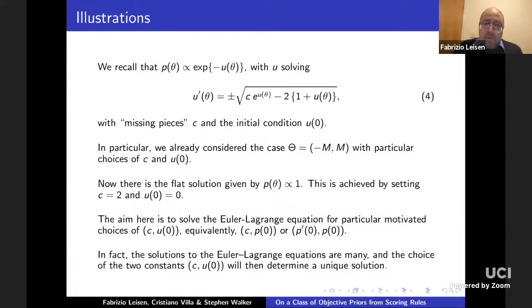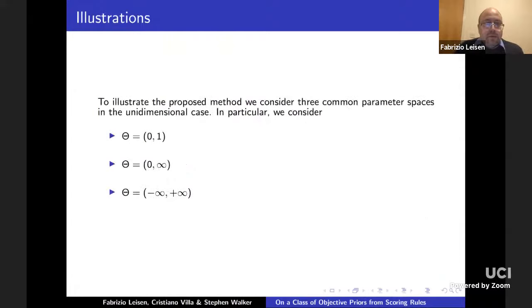And in particular, we see how to set c and u0 in order to get such priors. The cases that we will consider are the space 0, 1, the space 0 plus infinity, and the last one I will not tell more, simply because you can get priors for minus infinity plus infinity by symmetrizing the priors obtained for the previous case.